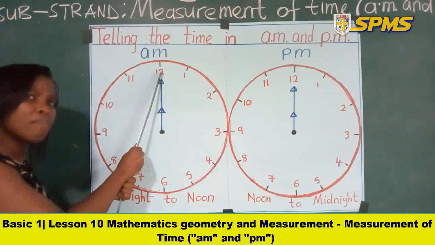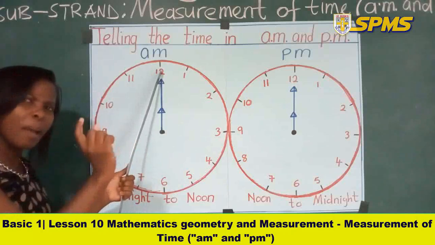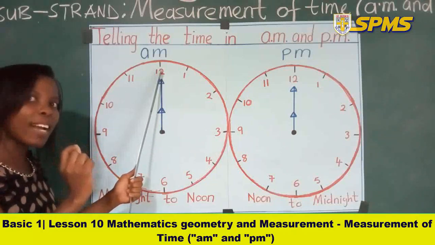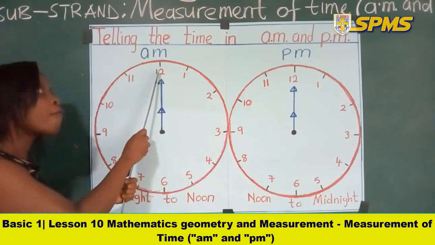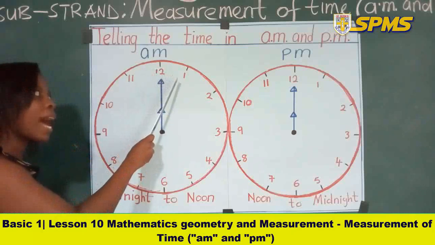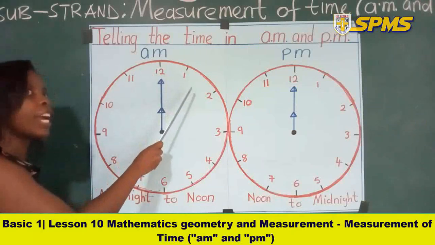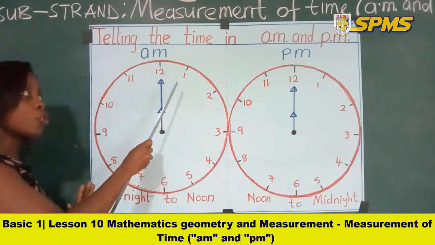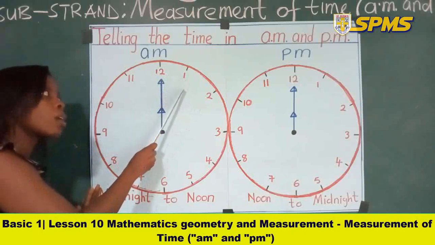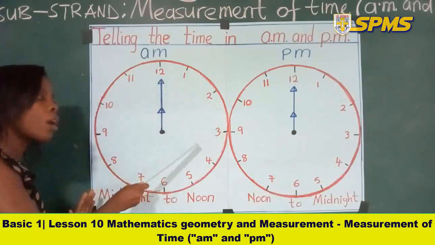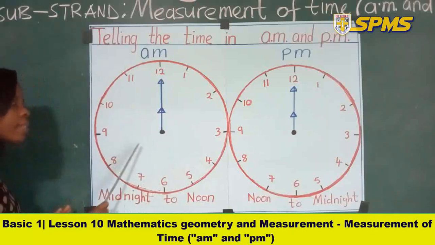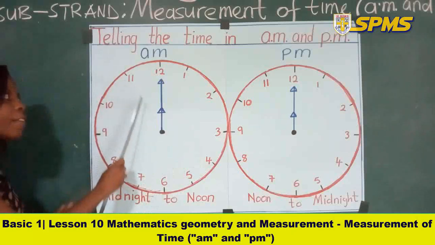During that time, would you be in the light time? Would you see the sun? No. You will still be in darkness. So from 12 o'clock, which is midnight, we start counting. The hour hand and the minute hand start their journey in a clockwise direction, moving simultaneously: 1 o'clock, 2, 3, 4, 5, 6, 7, 8, 9, 10, 11, 12.